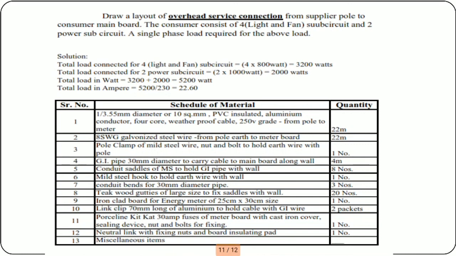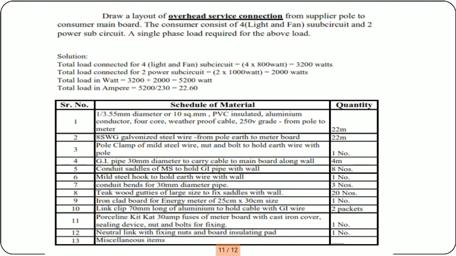I take one example. Draw a layout of overhead service connection from the supply pole to the consumer main board. The consumer consists of 4 light and fan sub-circuits, 2 power sub-circuits, and 1 single-phase load.